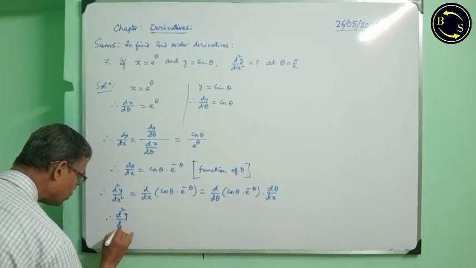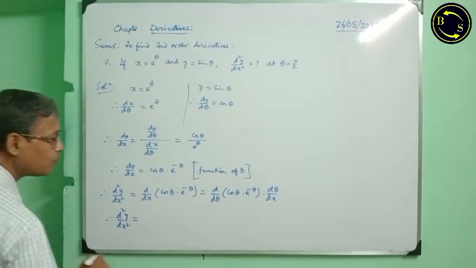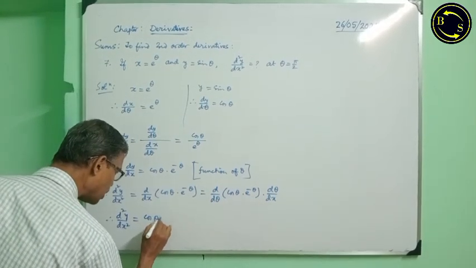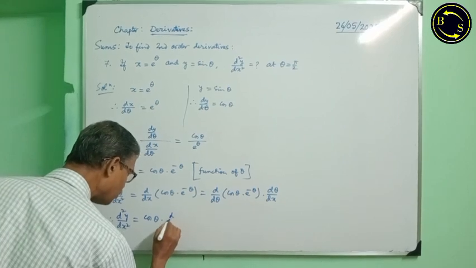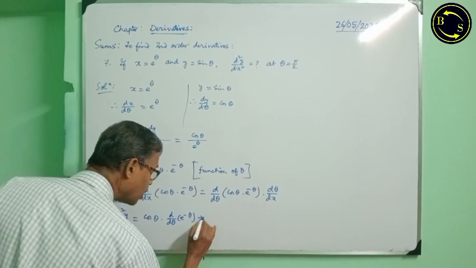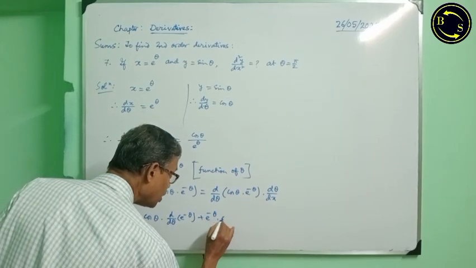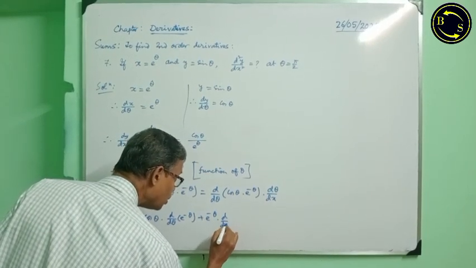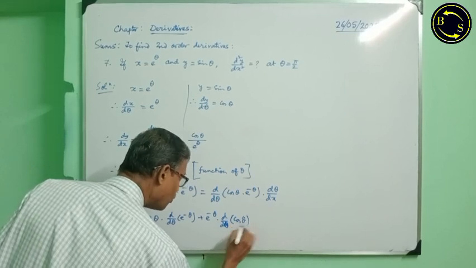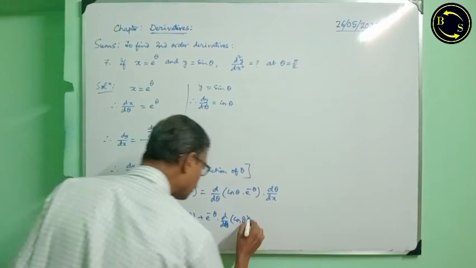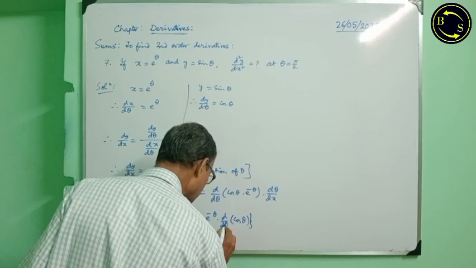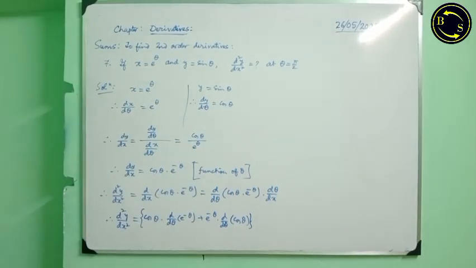Therefore, d²y/dx² is equal to, first I find the derivative in uv form: cos theta times the derivative of e to the power minus theta, plus e to the power minus theta into the derivative d/dtheta of cos theta, whole into dtheta/dx.